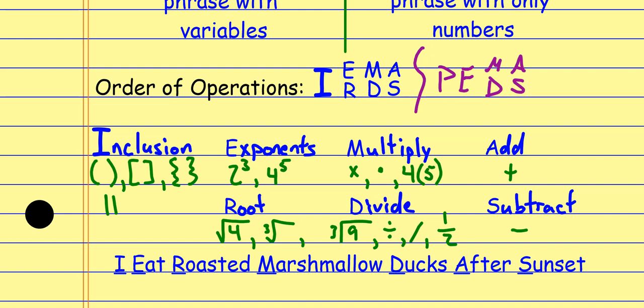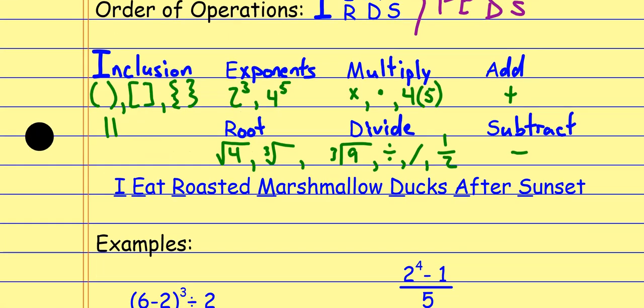I don't know. I personally don't. So I eat roasted marshmallow ducks after sunset makes just as much sense to me. Okay? But again, make sure you include all of those different pieces. You understand that if you're using PEMDAS, it's not just parentheses, it's any of those groupings, and anything like parentheses.